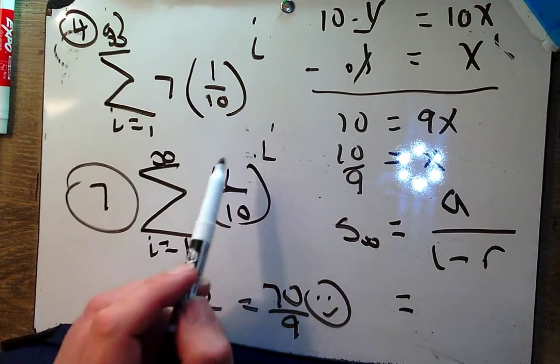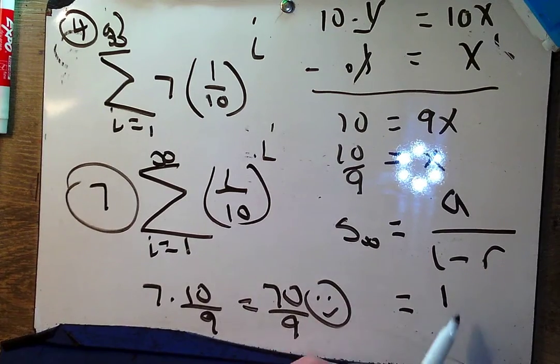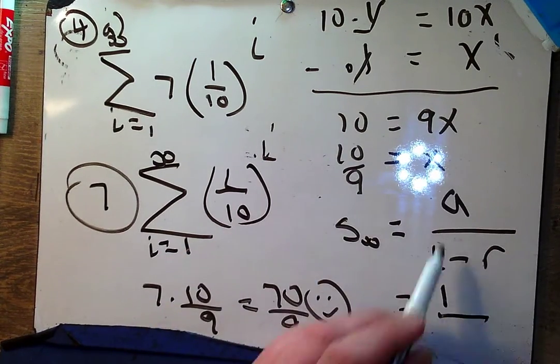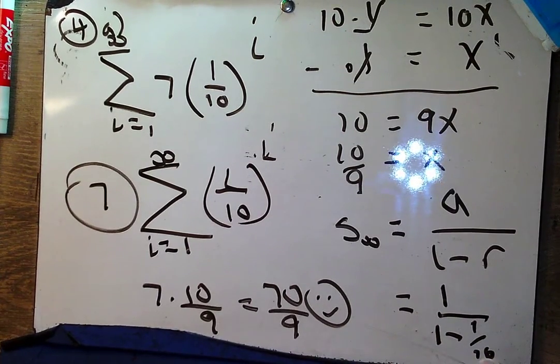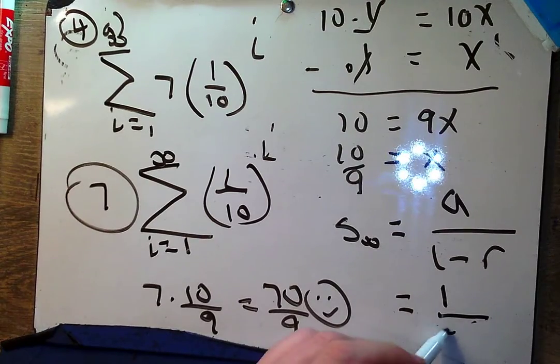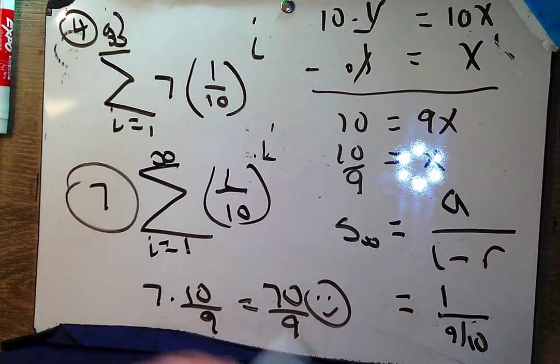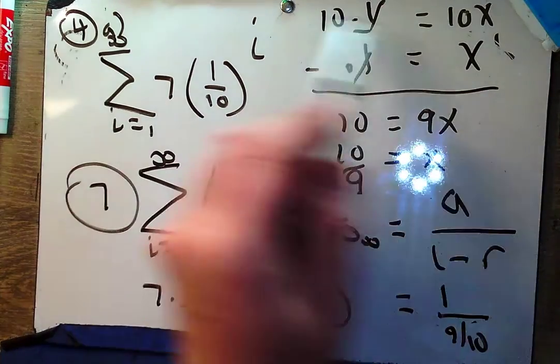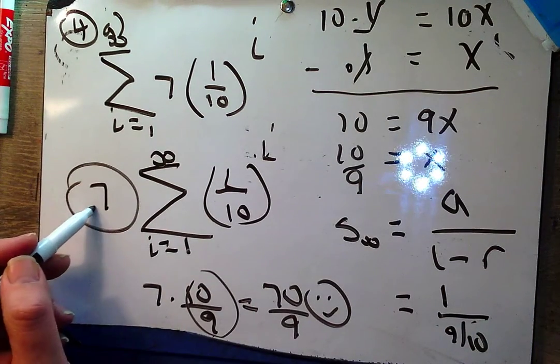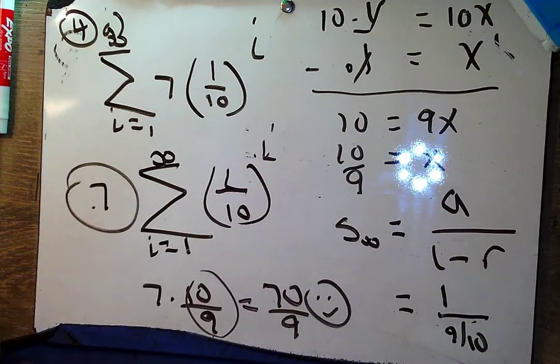Okay, so my initial amount here is 1, right, because I'm plugging in a 0, over 1 minus 1/10. So this is going to be 10/10 minus 1/10 is 9/10. And I'm going to flip and multiply, and that's going to give me 10/9, just the same as I did it in our middle school way. Don't forget, though, to multiply by that 7. Okay, what's next?